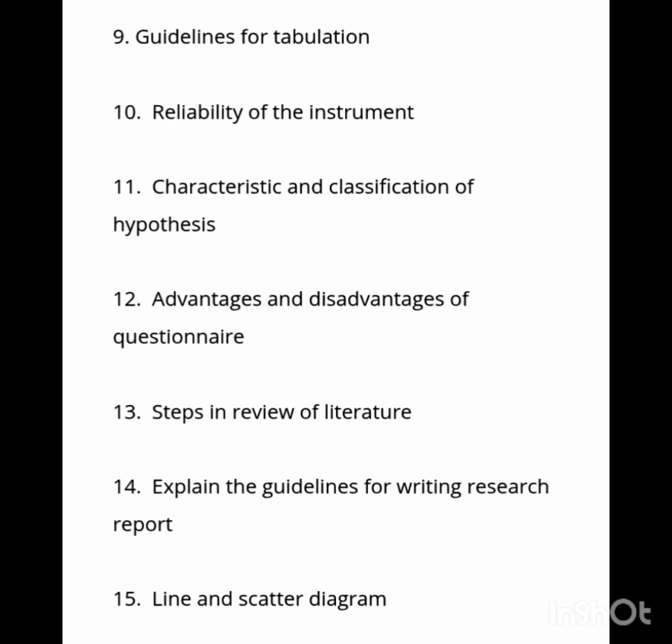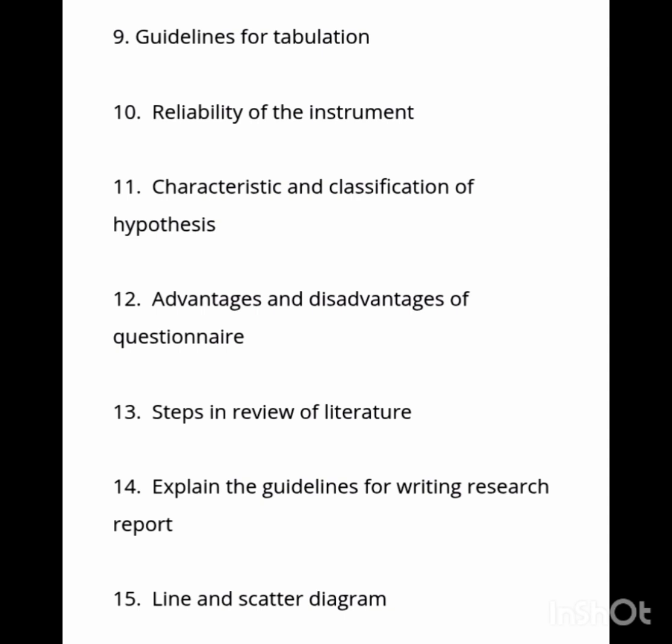And next 14th question is explain the guidelines for writing research report. So research report is an important thing with which we can document the research process. Okay, so guidelines for a research report are defining a clear research question and conducting a thorough literature review, structuring the report with sections like an abstract, introduction, methodology, results, discussion and conclusion, and presenting data accurately and citing sources appropriately.